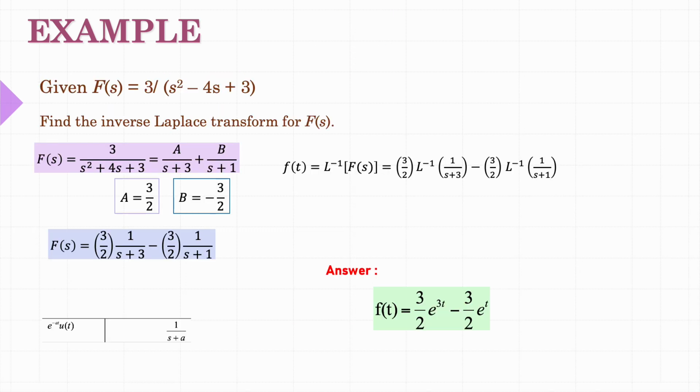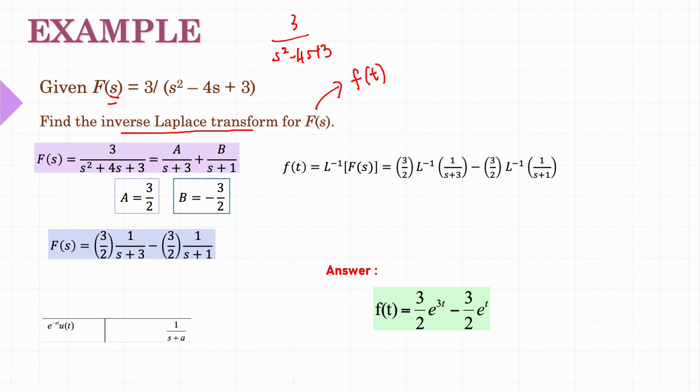Now let's look at another example for linear operation. Here we are given the equation in the S domain: 3 over s squared minus 4s plus 3. We need to find the inverse Laplace transform, meaning that our objective now is to find the time domain.